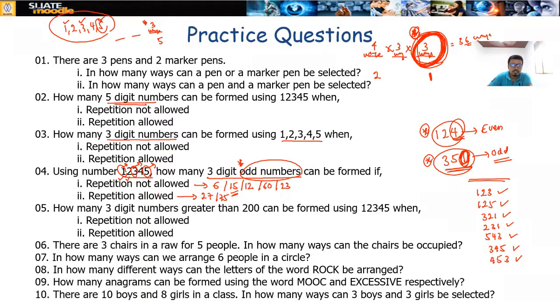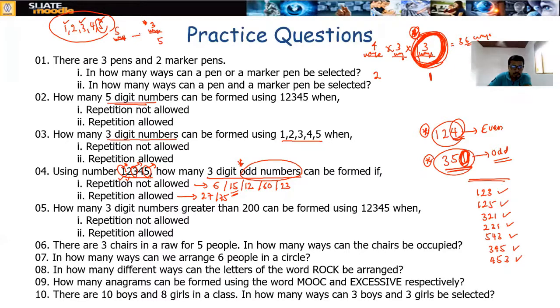Repetition allowed means I can use any digit I have used previously. So how many ways can I put a digit here? I can put 1, 2, 3, 4 or 5. How many options do I have? 5 options are there.